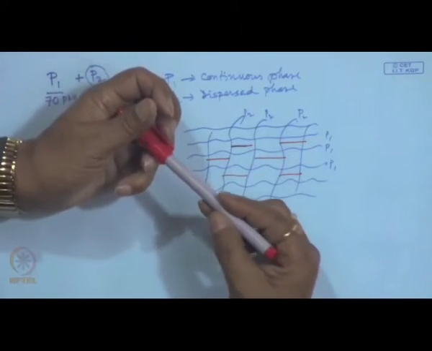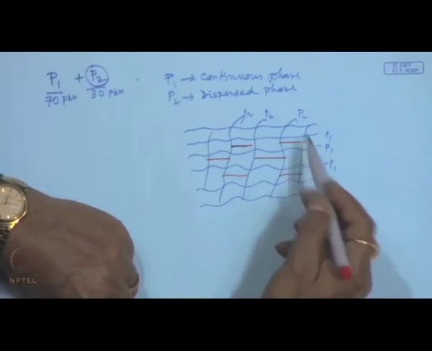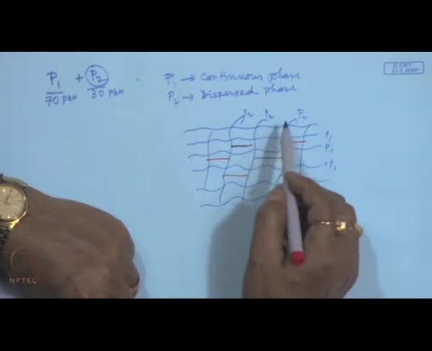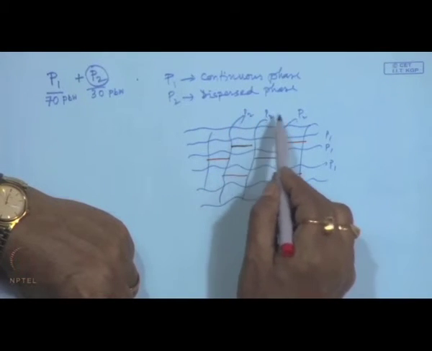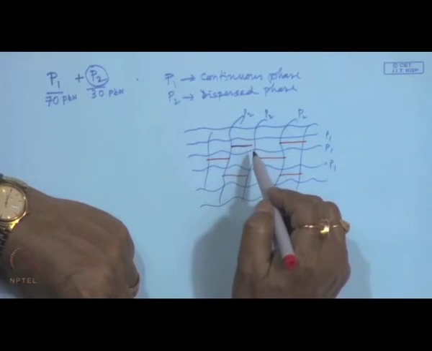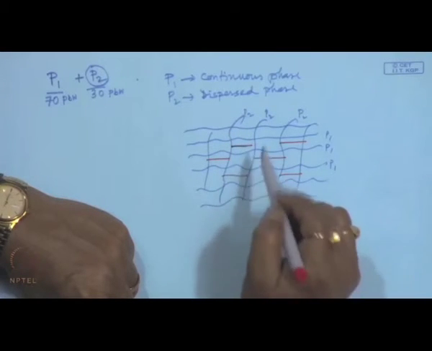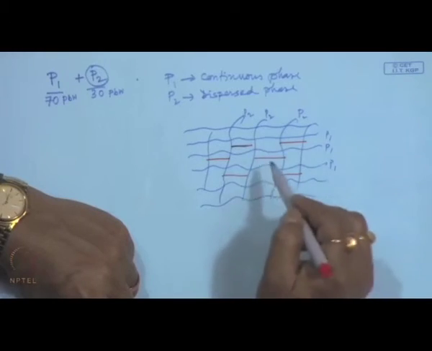So, that is a kind of compatibilization. That means if P1 molecules want to go out of P2, to go beyond P2, that will be prevented, since there is a network formed by P2 and this P1 is entangled with the P2 network.